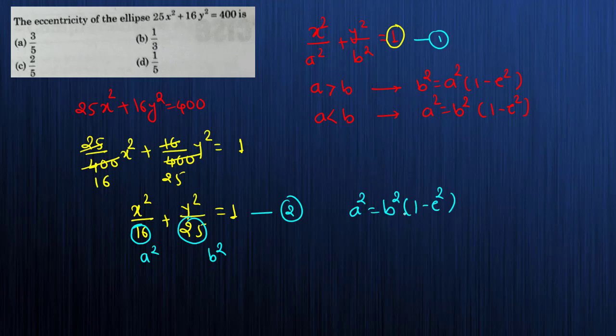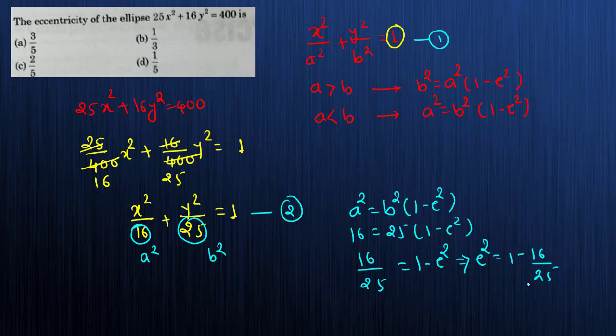They are asking for the eccentricity. So a square is 16, which equals 25 into 1 minus e square. So 16 by 25 equals 1 minus e square, which implies e square equals 1 minus 16 by 25, which is 25 minus 16, which is 9, divided by 25.